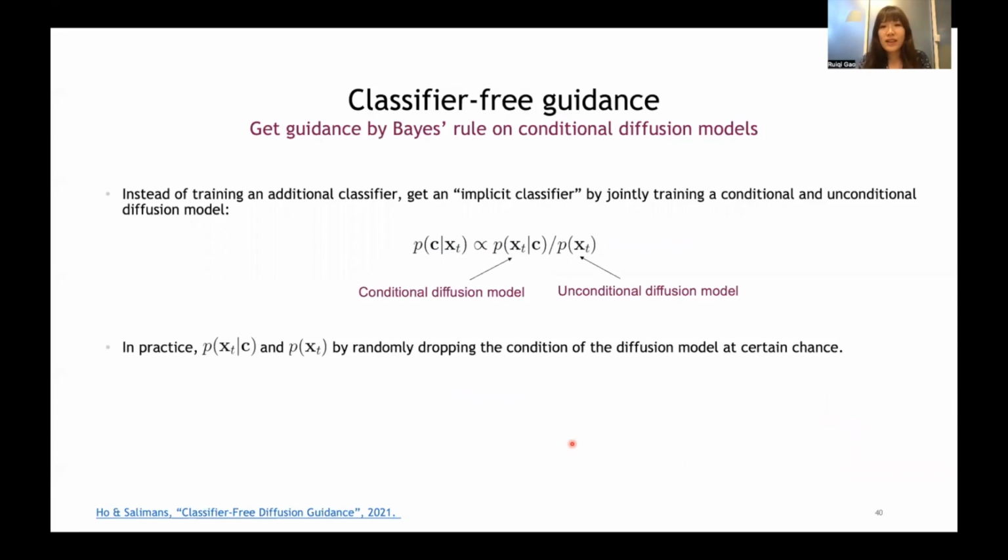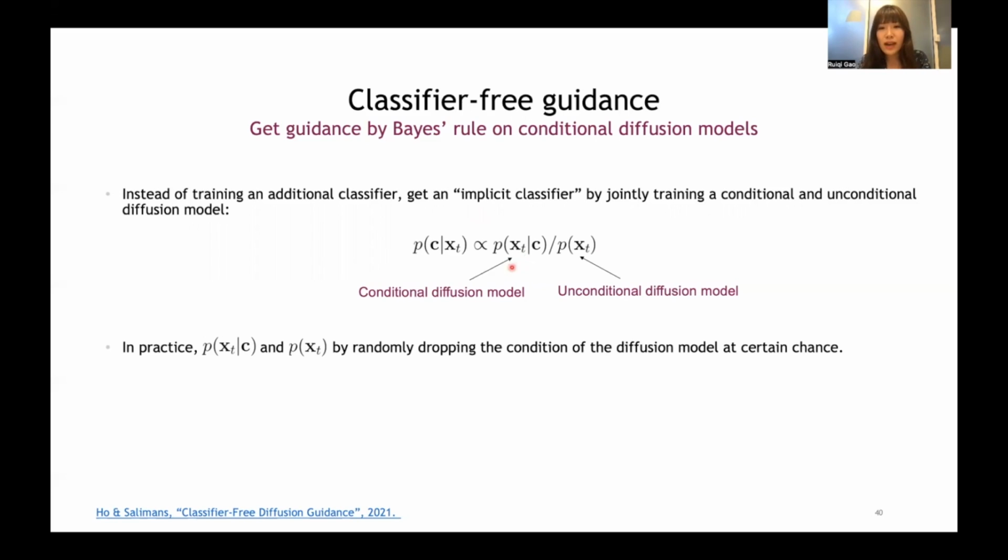And one downside for this classifier guidance is that we need to train an additional classifier to do that, right? So that adds additional model complexity. So inspired by that work, this work tries to introduce a classifier-free guidance, meaning that we can actually get an implicit classifier by jointly training a conditional and an unconditional diffusion model in the following sense.